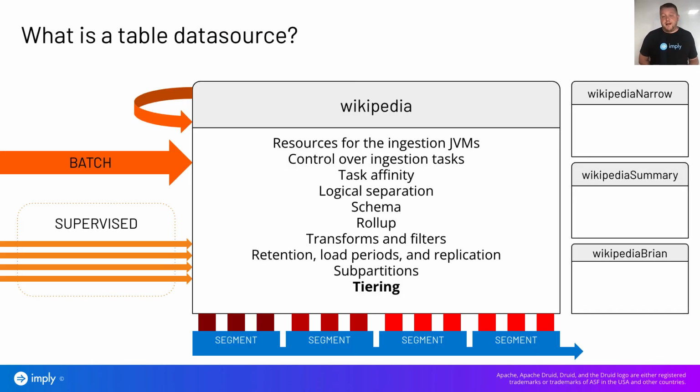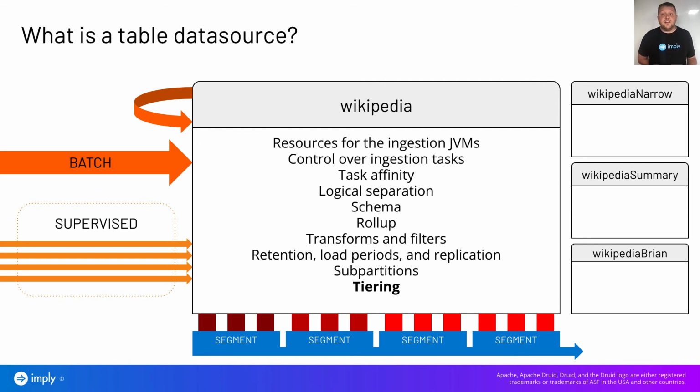Now for tiering. Tiering is a part of the way you set up load rules. You tell the coordinator process to push certain periods on your timeline onto different data processes in your cluster. It's kind of like affinity, but for the segments themselves. Tiering is an awesome way of saving money and keeping users happy.